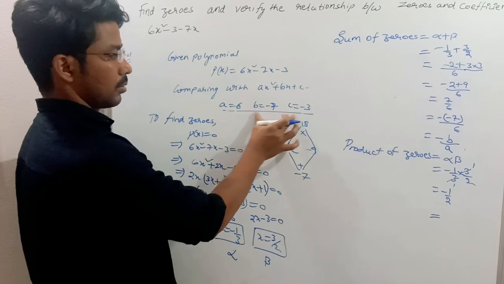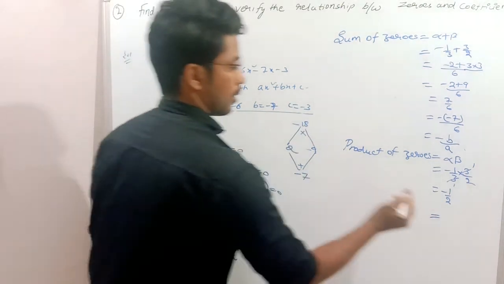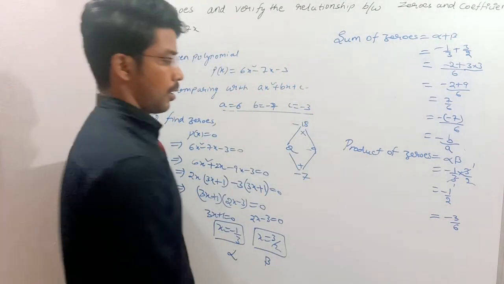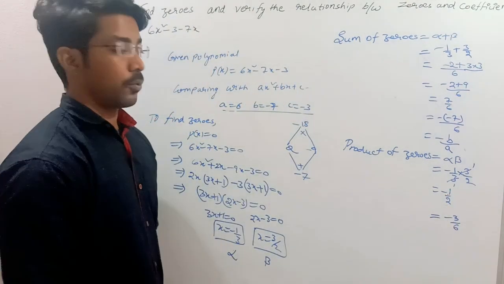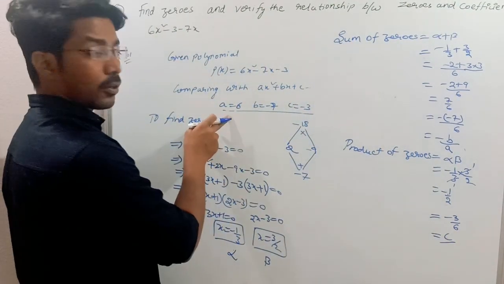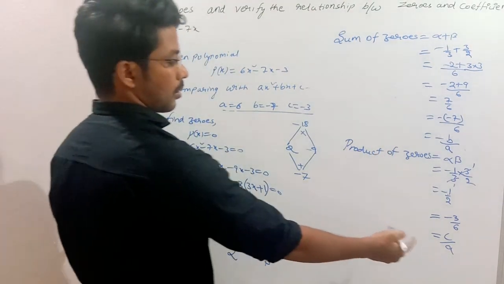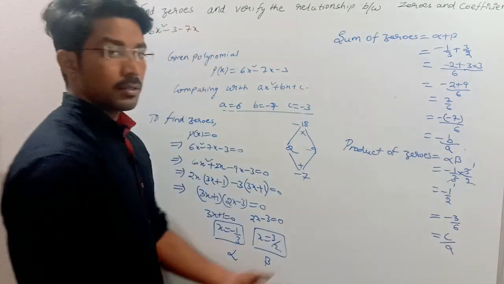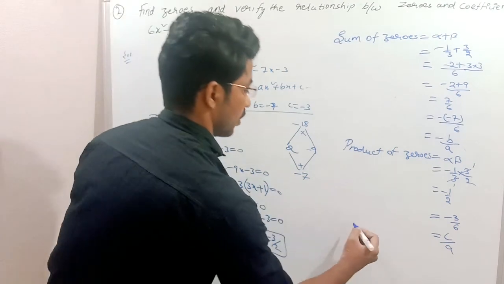There is no other possibility. So the only possibility is minus 3 by 6. Now if I cancel this, we will get back minus 1 by 2. So minus 3 value is c and the 6 value is a. So the product of zeros also has the relationship c by a, and the sum of zeros is minus b by a. Hence the relationships between zeros and coefficients are verified.